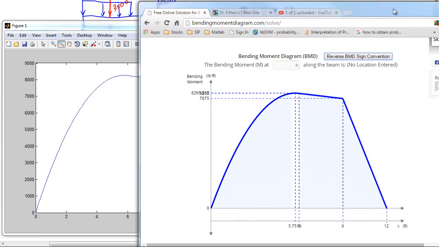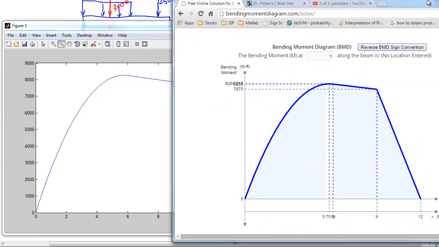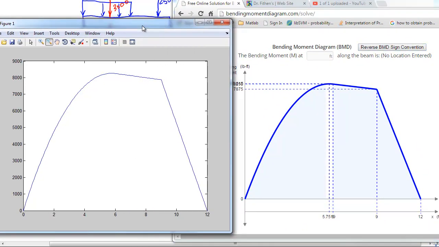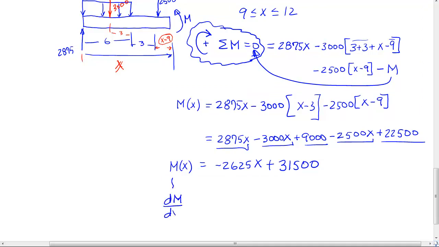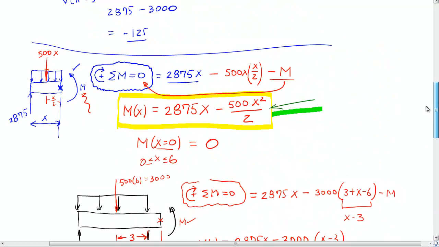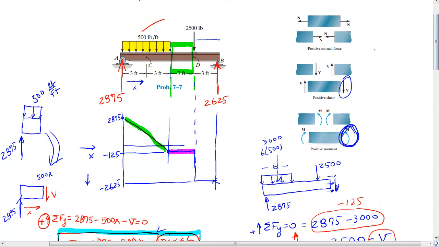And if you look at it, sure is. Let's look at another thing here. For fun, I'd like to take the derivative of the moment. Well, that's minus 2625. Hey, look at that. That is the shear.